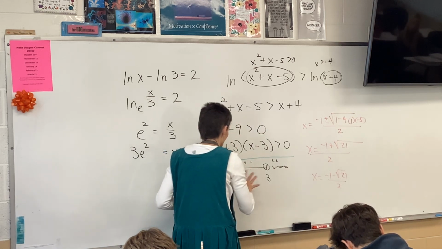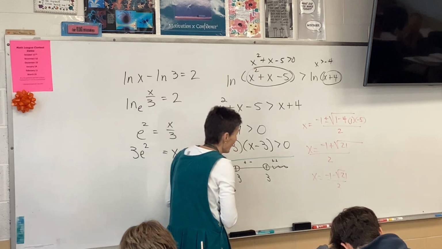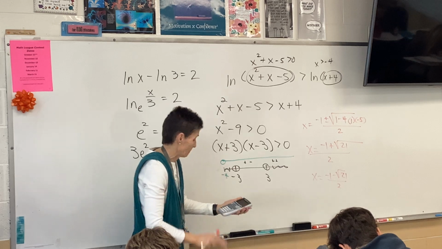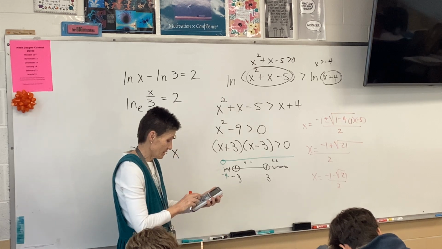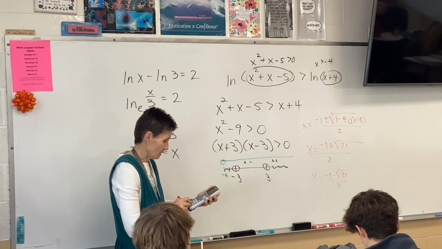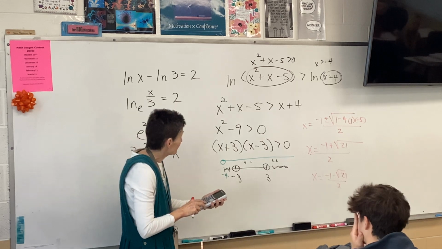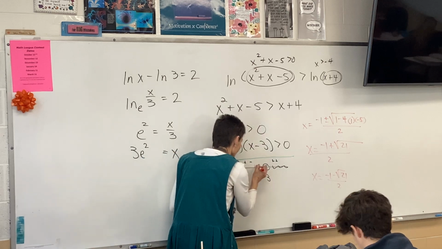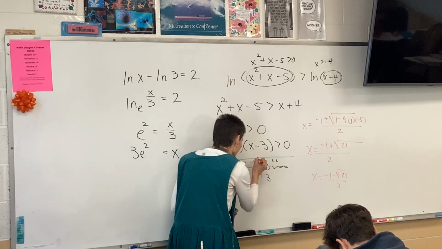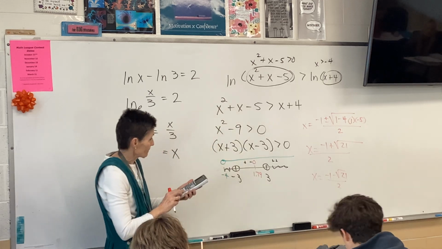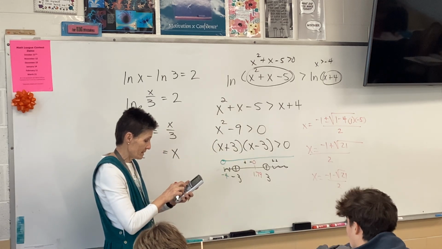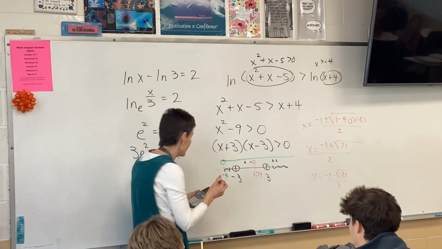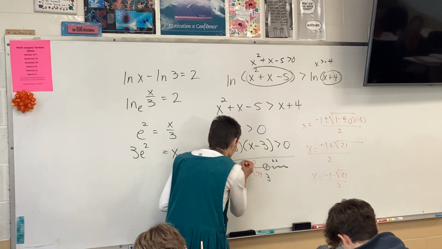Alright, so my number line's getting kind of messy here, but I gotta add a couple more things to it. What is negative 1 plus the square root of 21 divided by 2? 1.79. So here's 1.79. And then negative 1 minus the square root of 21, negative 2.79.